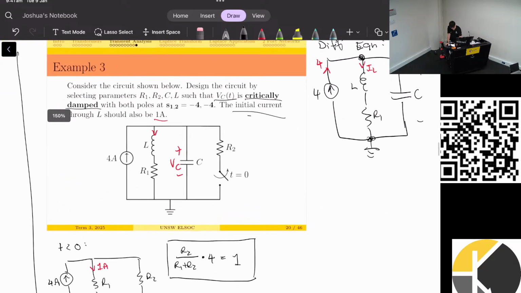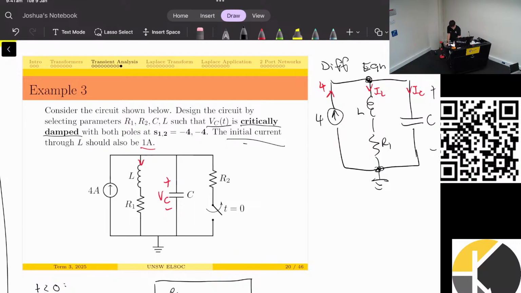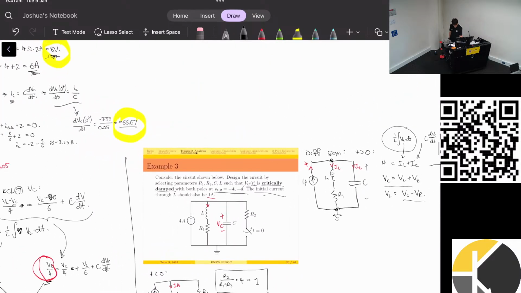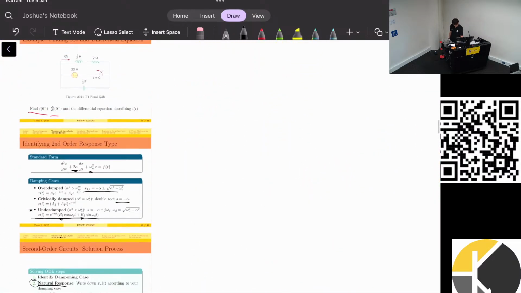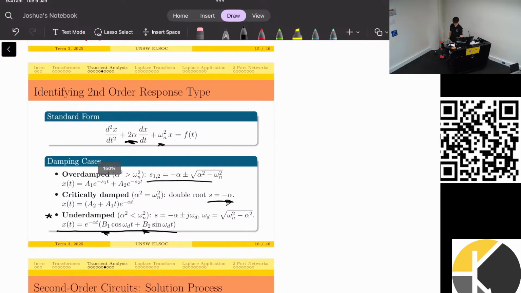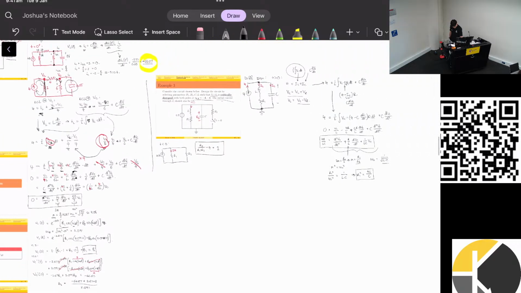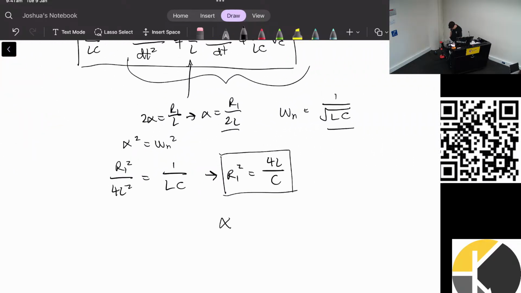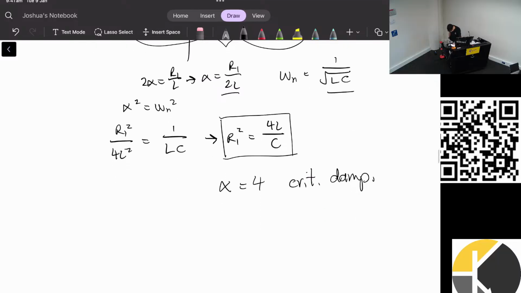My last equation will come from the poles. So this question asks for both of the poles to be at -4. If we look back at the definitions, when we have a critically damped system, both of our poles will just be at -alpha. So for this question, we just want alpha to equal 4. So if we want alpha to equal 4 for critical damping, then we want R1 on 2L to equal 4.